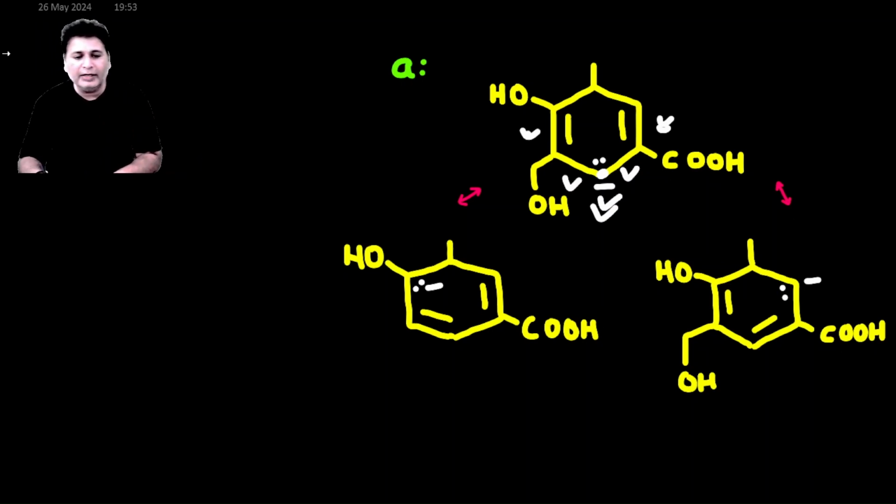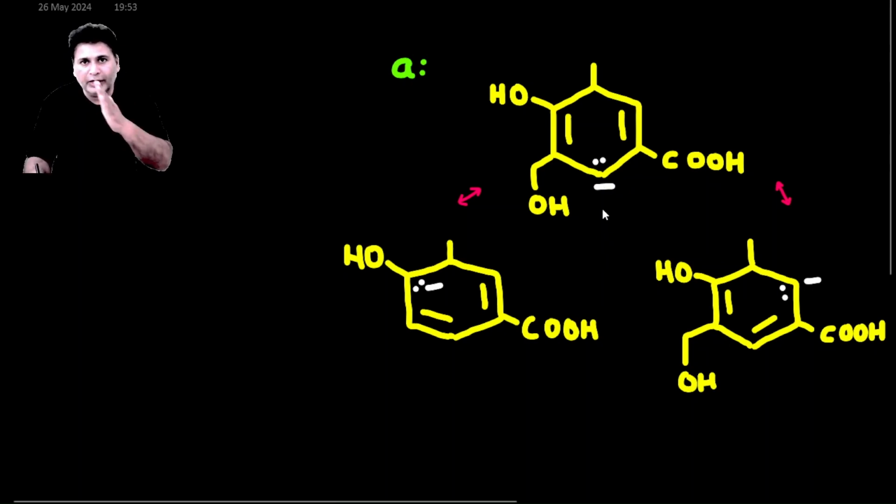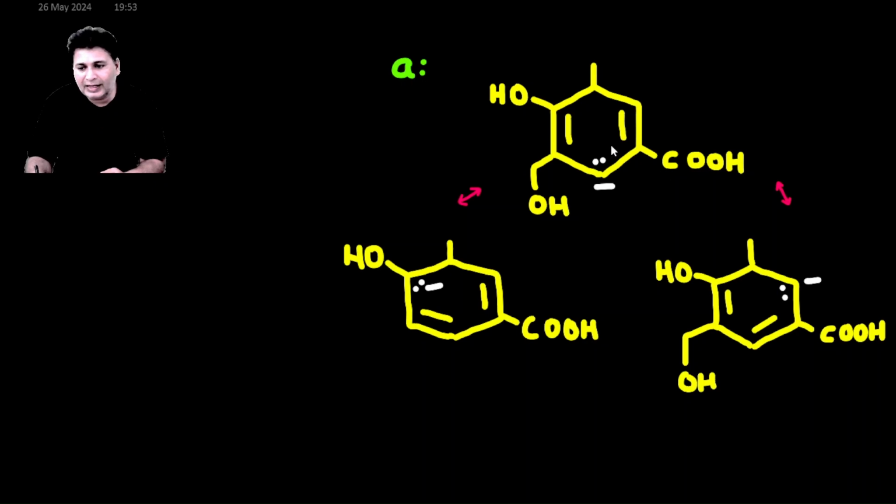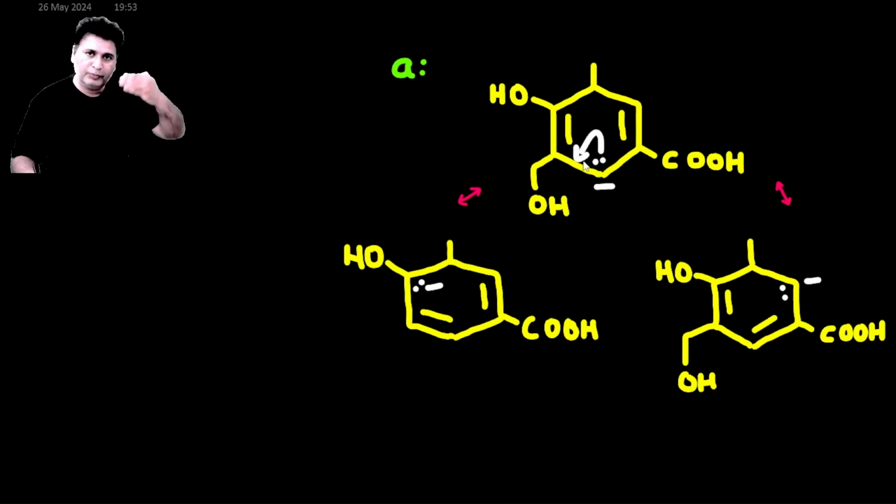As you try to make the resonating structures, you can do so. For example, from the left side, minus, single, double, you take these electrons one position ahead, and simultaneously these pi electrons sit on this particular carbon.